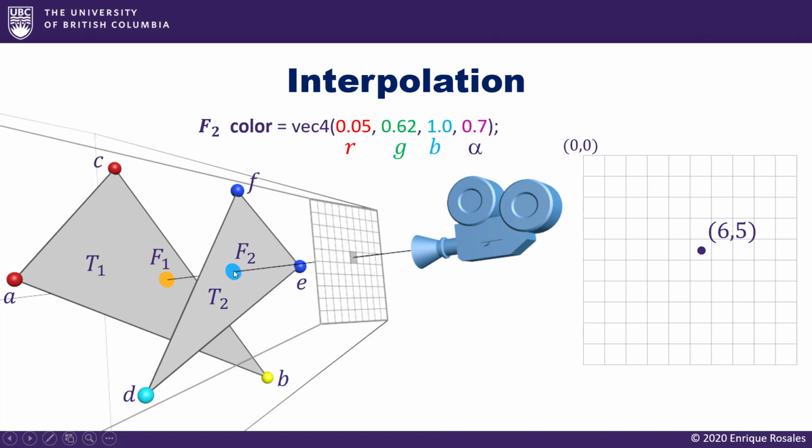So now the problem that we will talk about today is called interpolation, right? So what do we have right now? We have the triangle with its coordinates, right? So we have the coordinates for these positions here. We have the 3D coordinate of this fragment in particular, right?